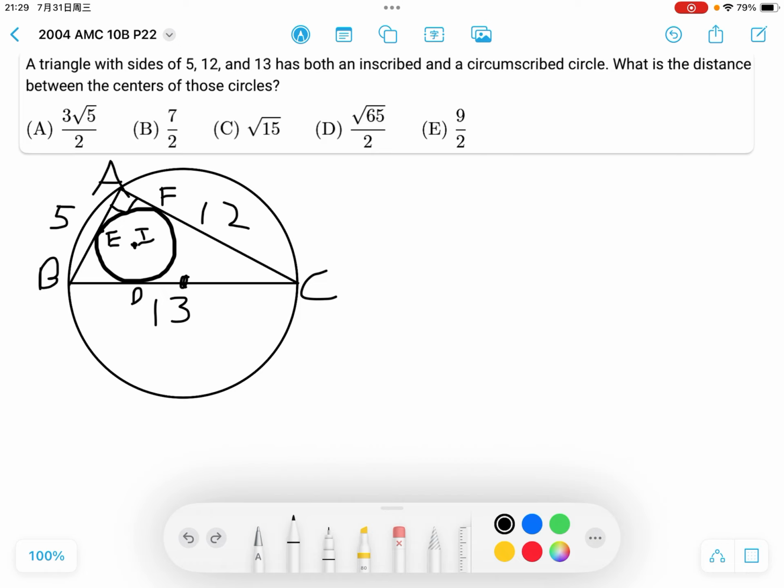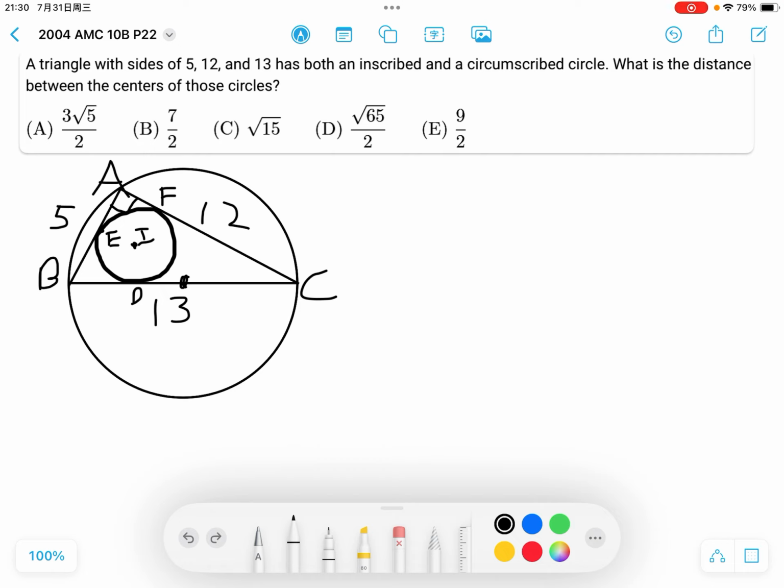Because triangle ABC is a right triangle, we know that BC is a diameter, because for a circle, any angle subtended by a diameter is a right angle, with its vertex on the circle.